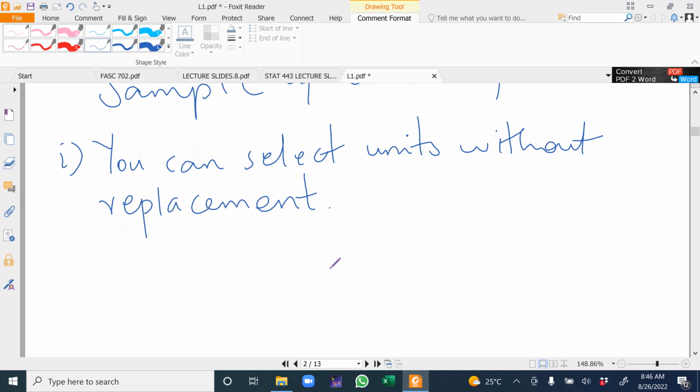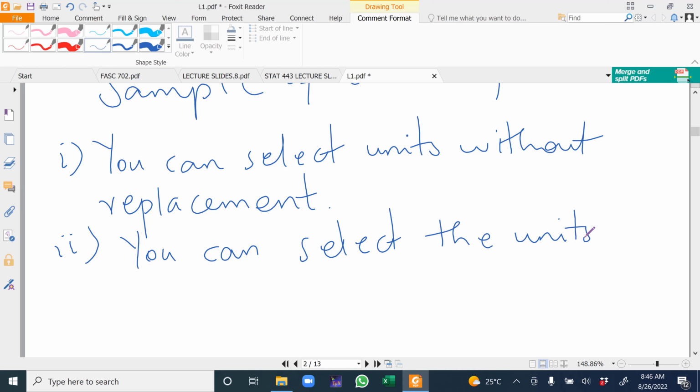Now, you can also select the units with replacement. In this case, you select a unit, make the observation that you want to make, and then take it back into the population. Again, select another one, make the observation, take it back.